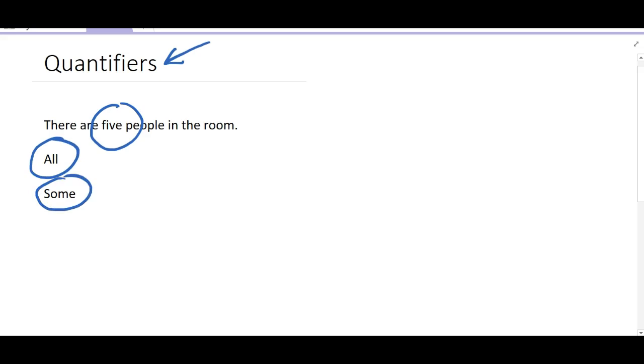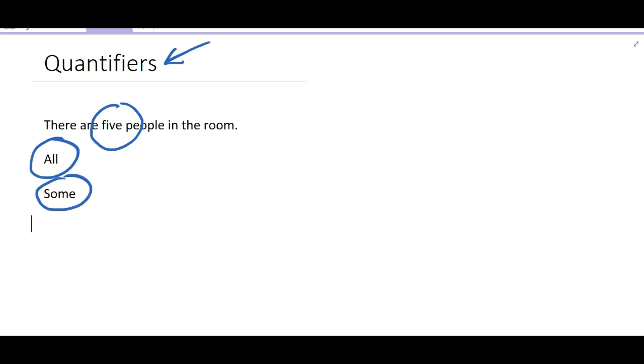So when you use the word all, you're saying that you're talking about all the elements in a certain set, in a certain group. For example, if you say all dolphins are mammals, all is the quantifier because it signals the fact that you're talking about every single individual that is a member of the class of dolphins.